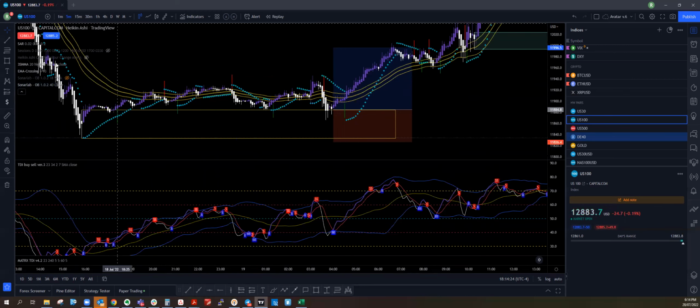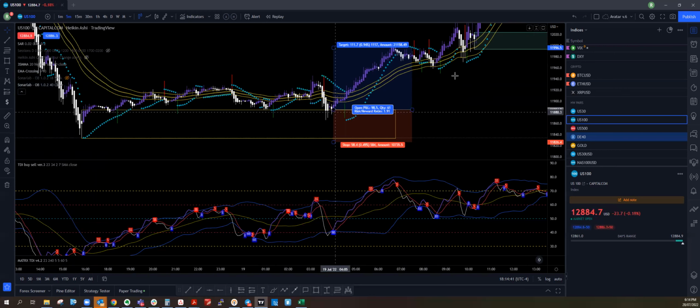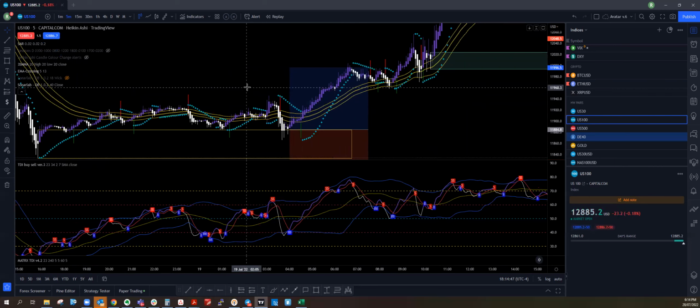Everything 1 hour and up is going to show these order blocks here because the settings are different. You want to filter out the non-important order blocks and show just the strong ones, the major ones. So you can use these order blocks for entries and targets and exits. That is pretty much what order blocks are and how they work.